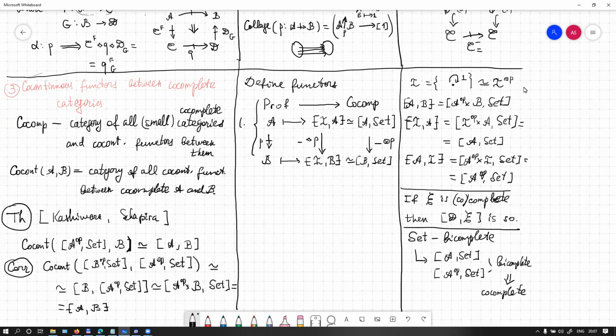This functor is usually denoted as lower shriek, or as I already told you, it's precisely trivial comma blank. So it's a representable.